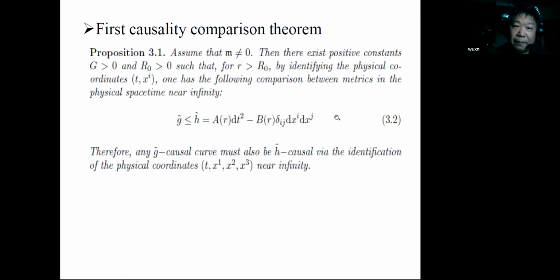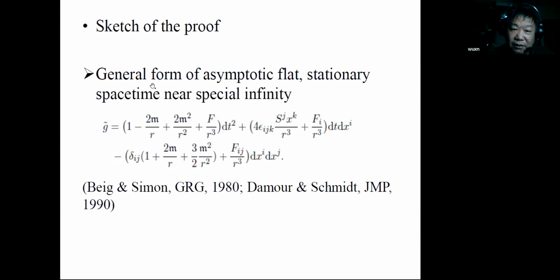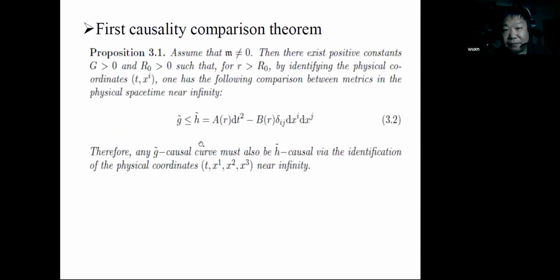Okay. Then we can state the first causality comparison theorem. That means if m is non-zero, it may be positive or may be negative, but it's non-zero. This m is just the m in the general expression for the metric.